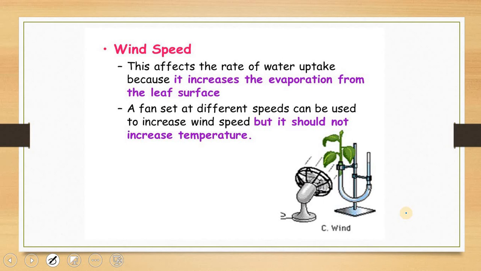Okay, so wind speed, for example, is easier to understand if you ever use a hair dryer. When you use a hair dryer, you blow your hair, and it will dry much faster compared to when you only wipe it with a towel. Why? Because of the wind speed. When the wind speed is high, it will cause evaporation to be faster.